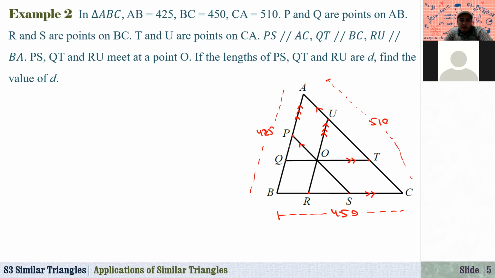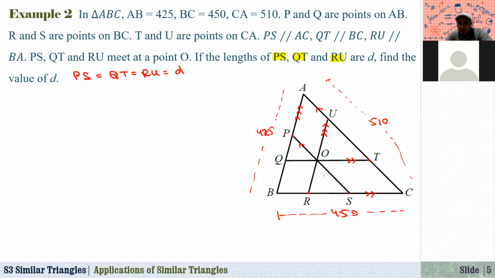Anyway, QT and RU meet at a point O, and the lengths of PS, QT, and RU are all D. So it says if the length of PS and QT and RU are equal to D, find the value of D. So we have PS equal to QT equal to RU, that's equal to D. If I write with letters it will be confusing, so I'm not going to write this.